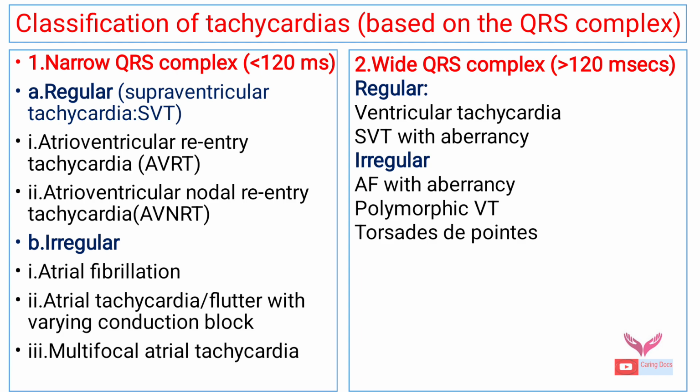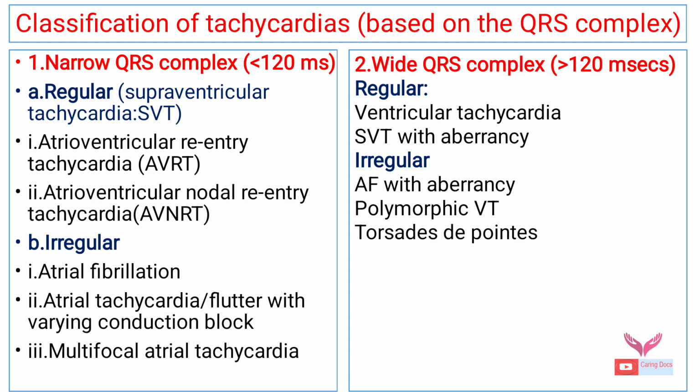Based on the QRS complexes, they can be narrow QRS complex or wide QRS complex. Narrow QRS complex is when the width is less than 120 milliseconds, and wide is when the width of the QRS complexes is more than 120 milliseconds. The narrow and wide QRS complexes can be regular or irregular. Regular narrow QRS complexes are seen in supraventricular tachycardia, that is atrioventricular reentry tachycardia and atrioventricular nodal reentry tachycardia.